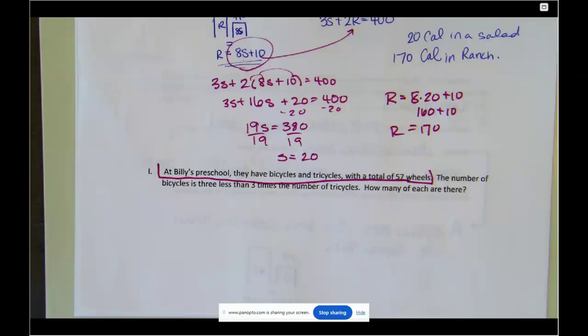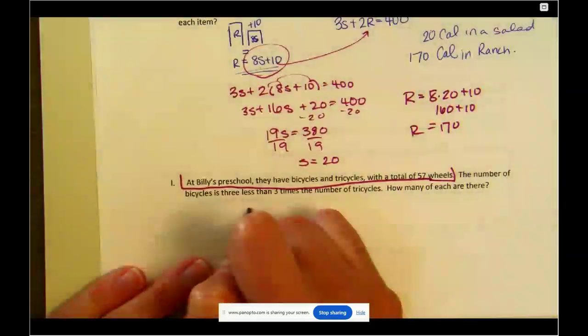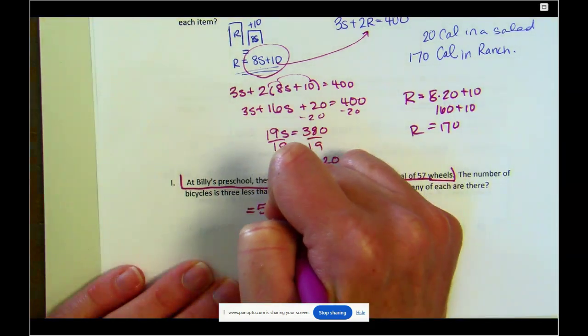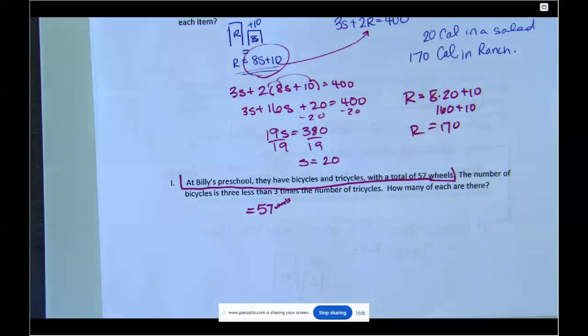So what variables do you want to use? Let's use B and T. Now, the total is 57. You guys, I wouldn't write this in my equation, but for us, I'm just going to write wheels.